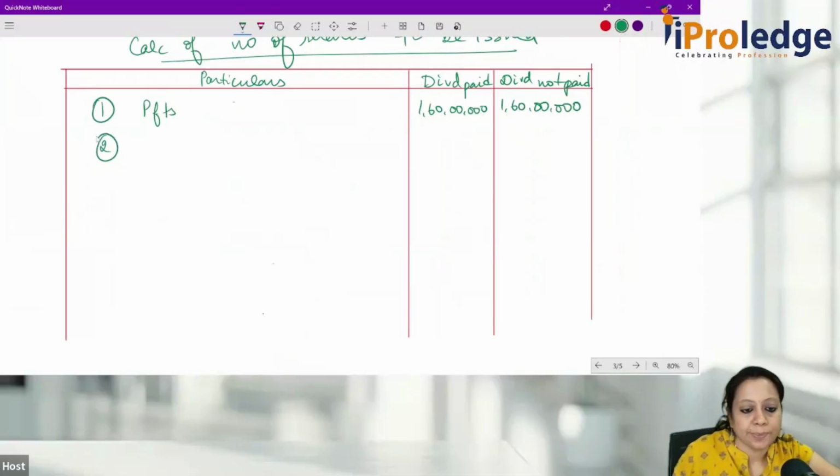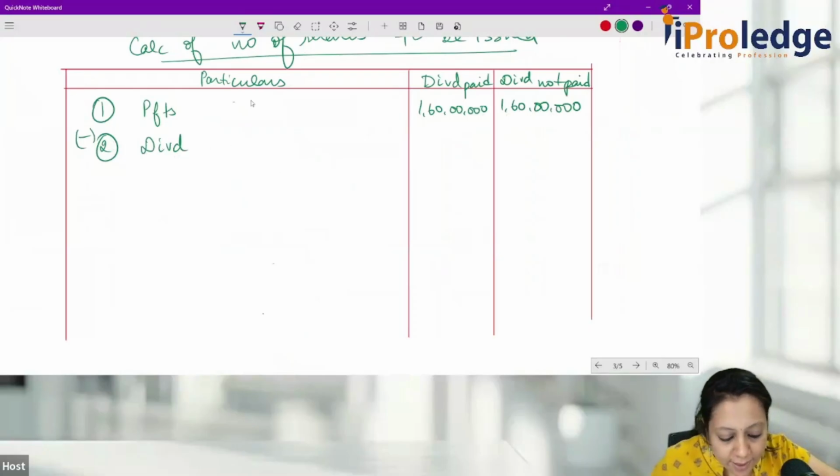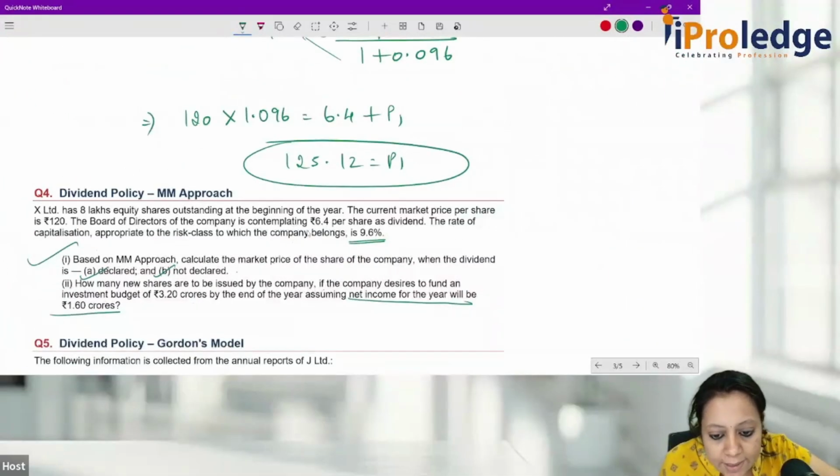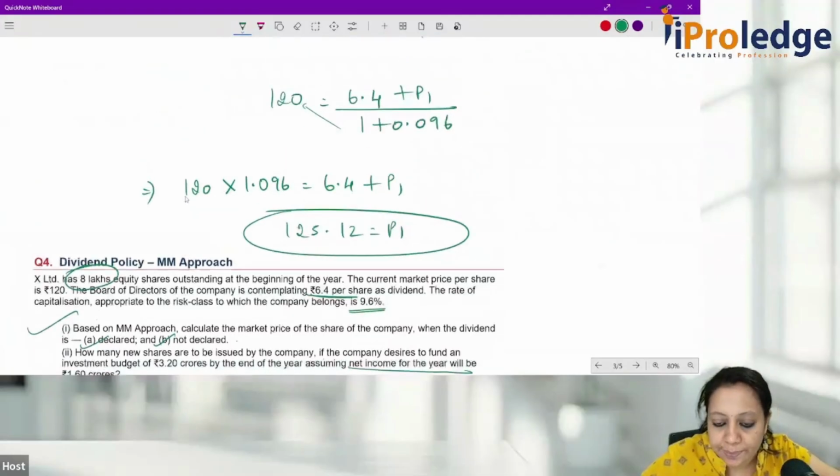Now what are we supposed to do? Minus, from the profits only we will pay dividend, right? So minus dividend. Dividend is given in the question, 6.4 per share. How many shares are there? 8 lakh shares are there.